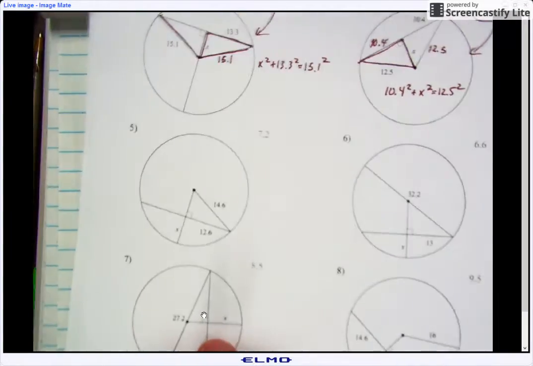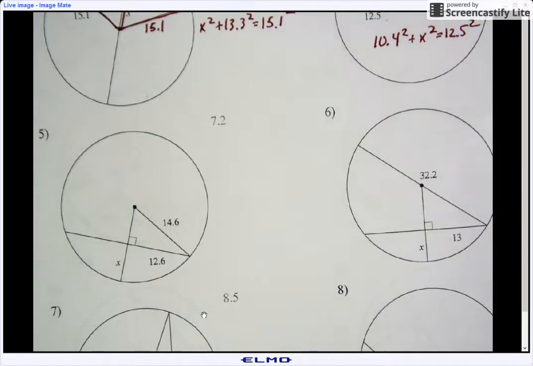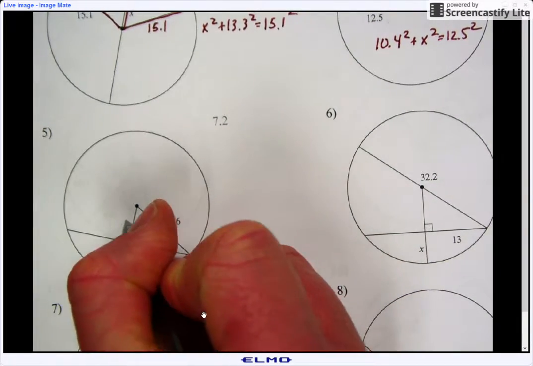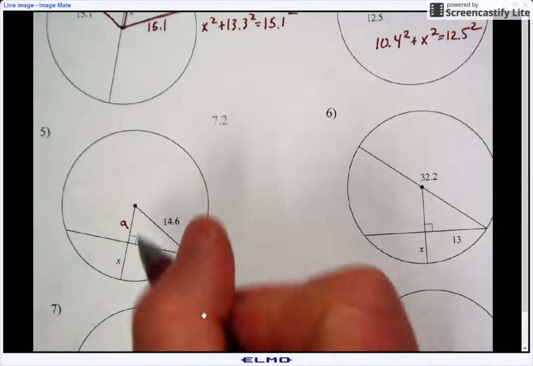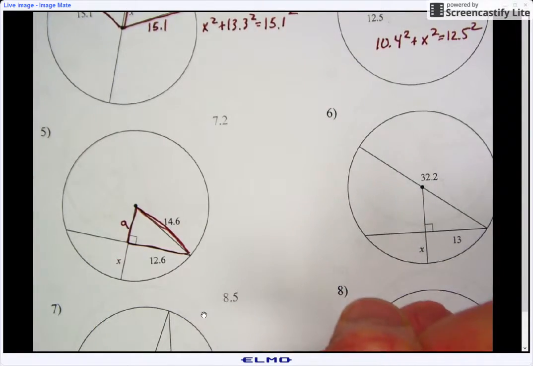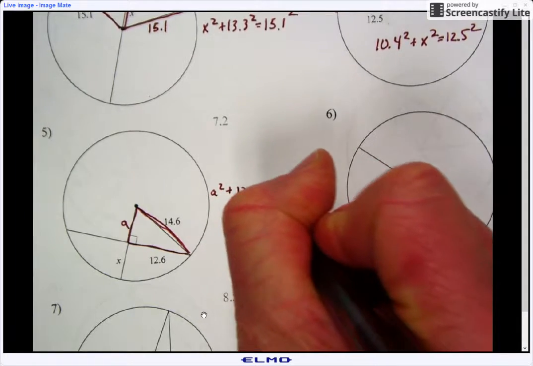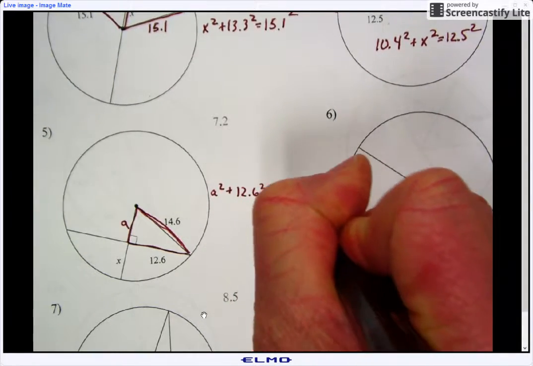This is one that will be a little more tricky because you can't use the x in the Pythagorean theorem. So pick a different letter like a. And so I know enough to find what a is. So a squared plus 12.6 squared equals 14.6 squared.